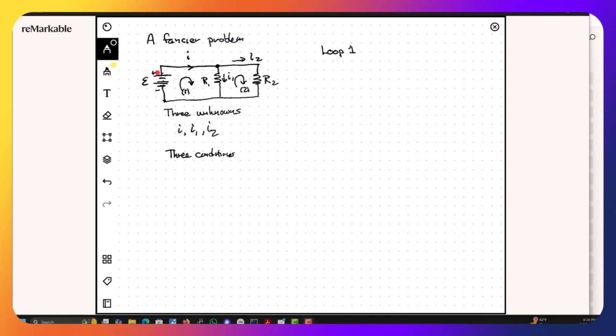Short side to long side, plus E. Go around the loop. I don't see any voltage changes until I cross the resistor R1. So it's minus I1 R1 equals, go back to the beginning, 0. So that's loop 1.